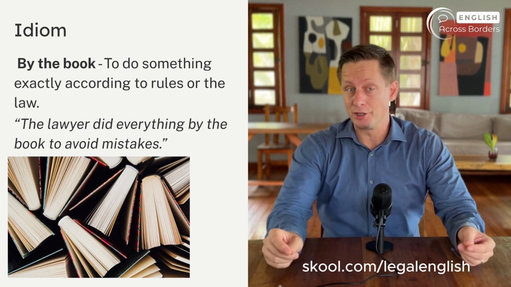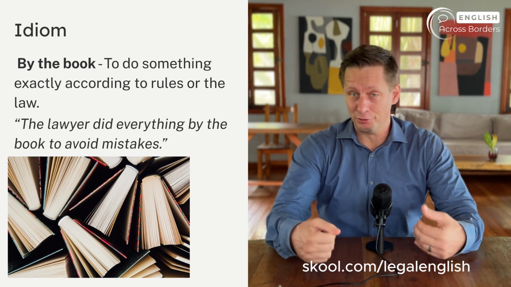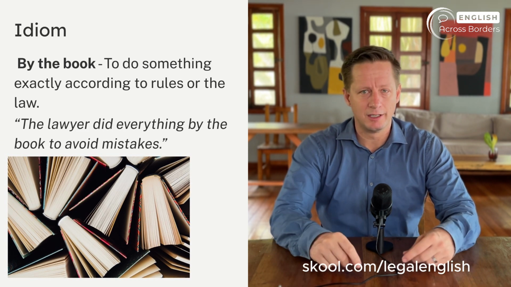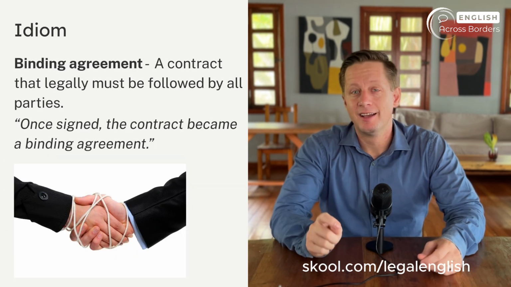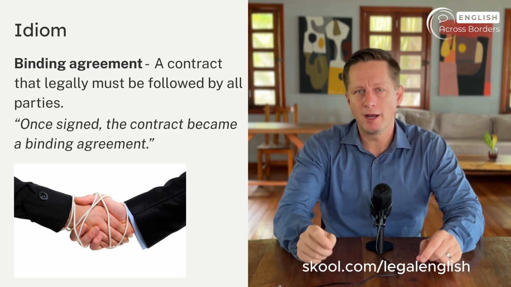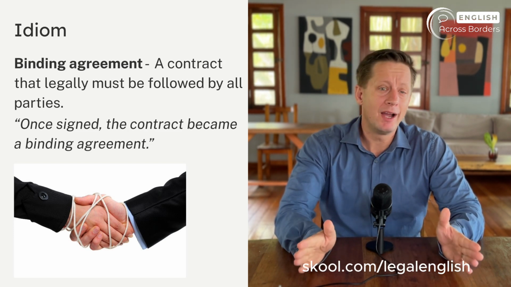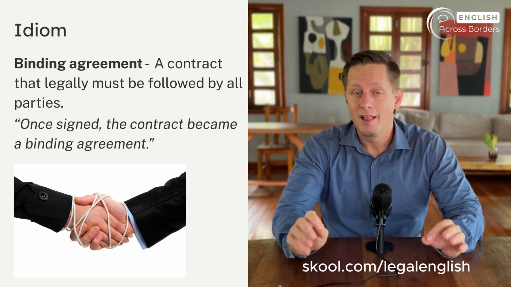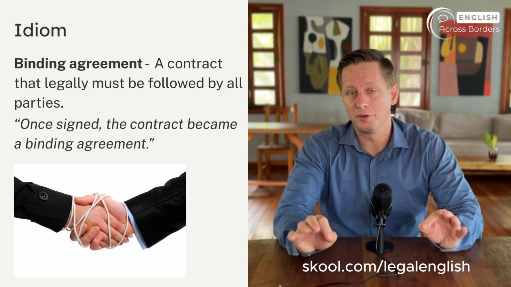When working with contracts, it's important to do things by the book, so everyone is safe and clear about what happens. Here is an important legal phrase, binding agreement. A binding agreement means that when people sign a contract, they must follow the rules inside.